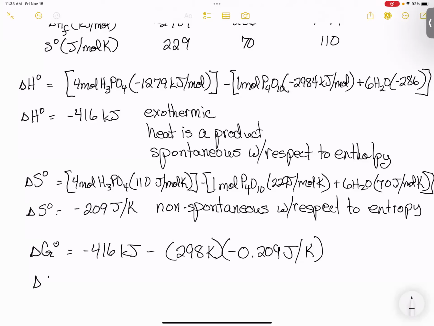So our delta G naught here comes out to be a negative 353.718 kilojoules.